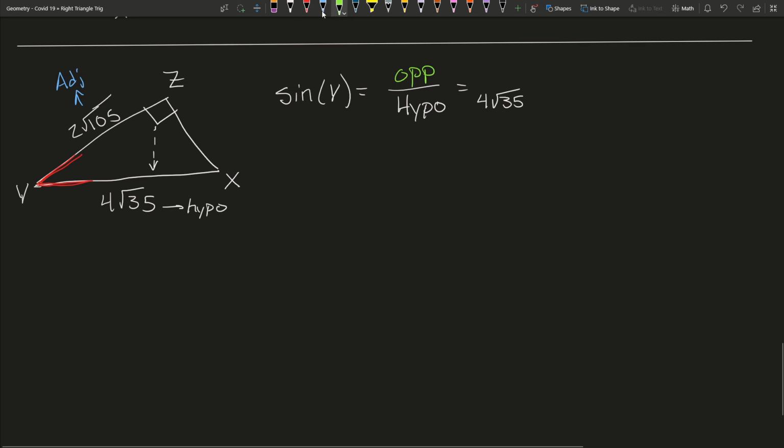And then if we draw a line from y to the opposite side of the triangle, that's our opposite side. Okay, so we're given the adjacent and hypotenuse, but we're not given the opposite. So we need to find the opposite, again, by plugging that in to the Pythagorean theorem.